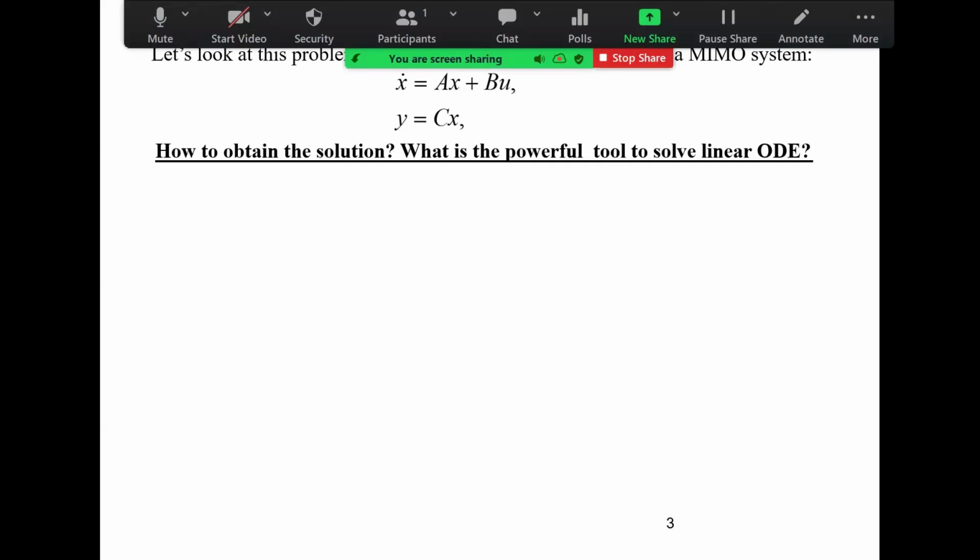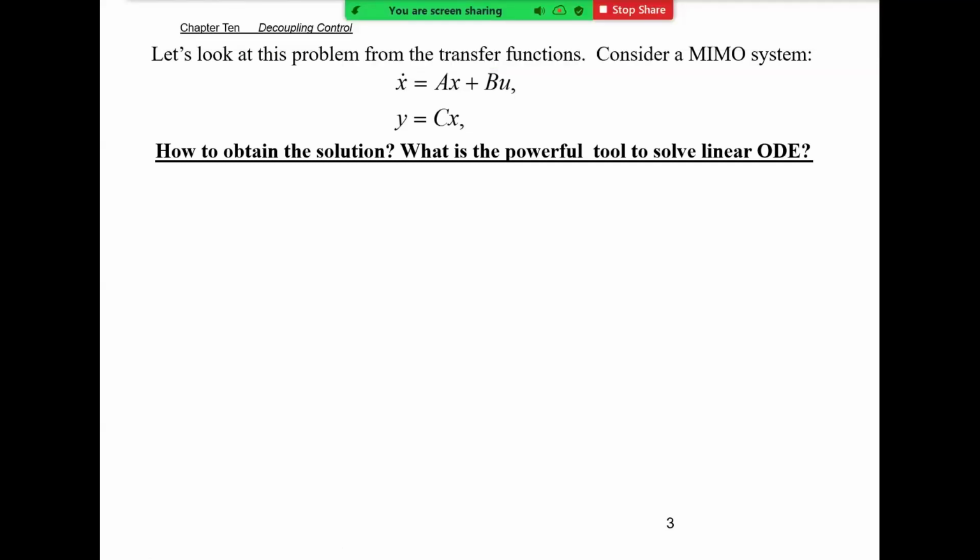First, we need to get the solution. Since you are already at this stage, you know the solution to this linear equation from part one. But do you know how to derive this solution? The simple way is to apply the Laplace transform.